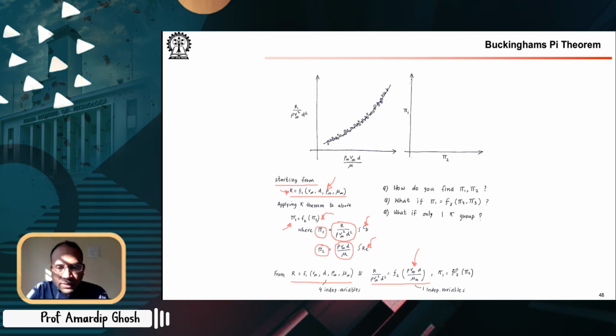This is a very powerful reduction tool in the amount of experimental effort that you would otherwise have to do. When you have a problem like this, you vary one of the independent variables and see the effect on the dependent variable while holding the other variables constant.